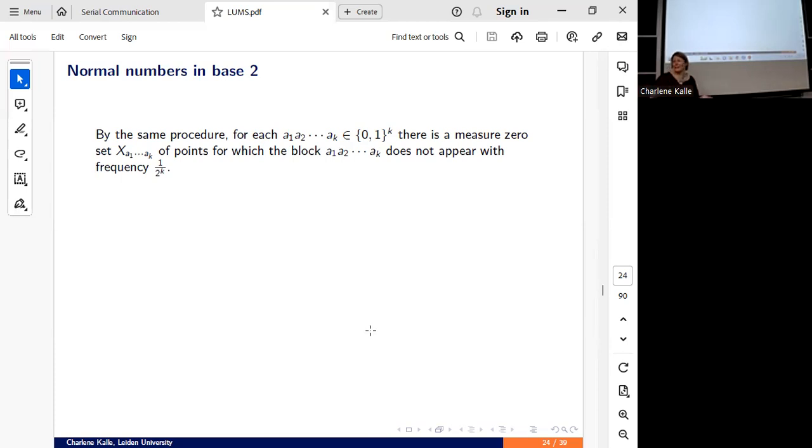Right, we do not know what these sets are. So these measure 0 sets that come from the Birkhoff-Ergodic theorem can be different for each block. So we need to do something there.